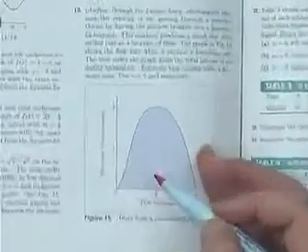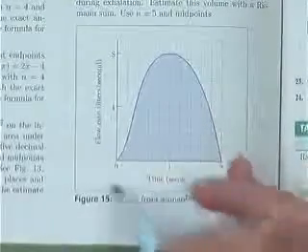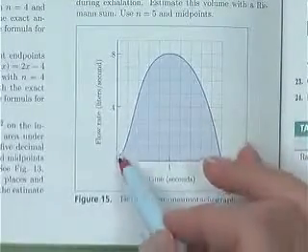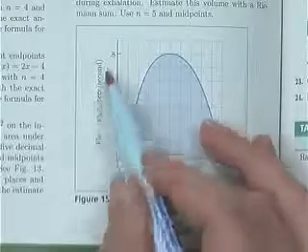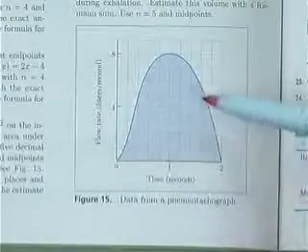Basically, where's a good example? On page 334 at the bottom. Whatever this picture happens to be here. This looks like time and flow rate in liters per second. It went with the problem.